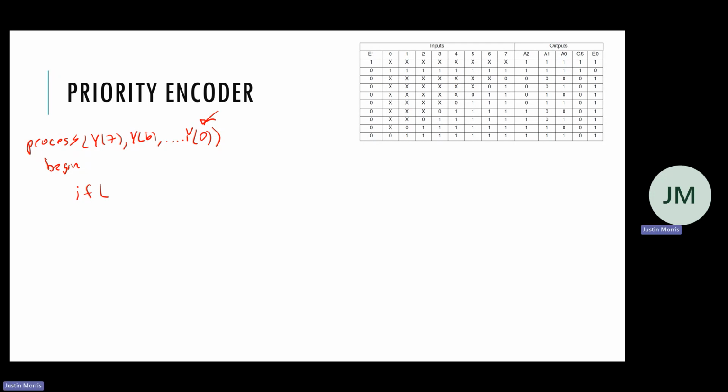Yeah, so y of 7 is what we need to check first. So y at 7, and we're checking if it's 0, right? Then what needs to happen?